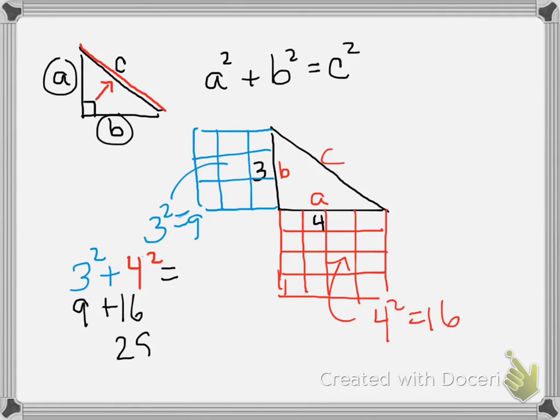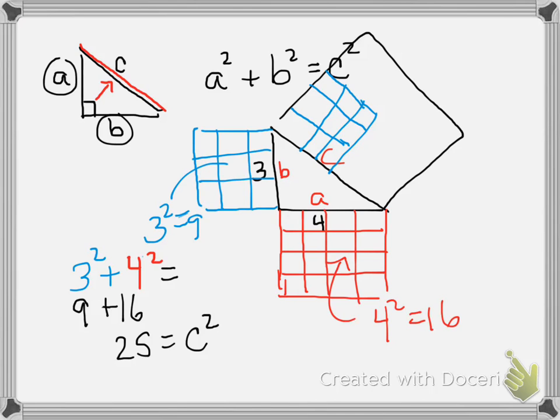That makes 25. So that means C squared must be 25, so the square that comes off of C must be 25. The video does a better job of this, but that means the area of this has to be 25, so it must be 5 squared. So that means this leg must be 5.